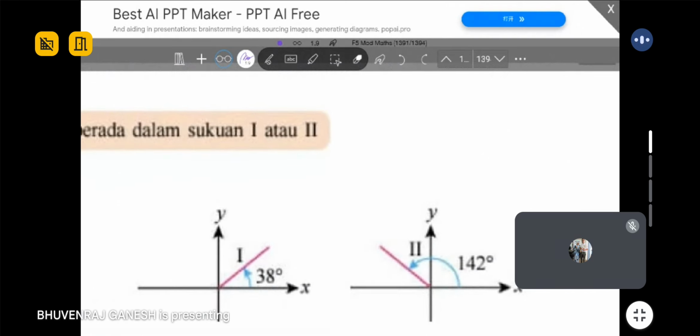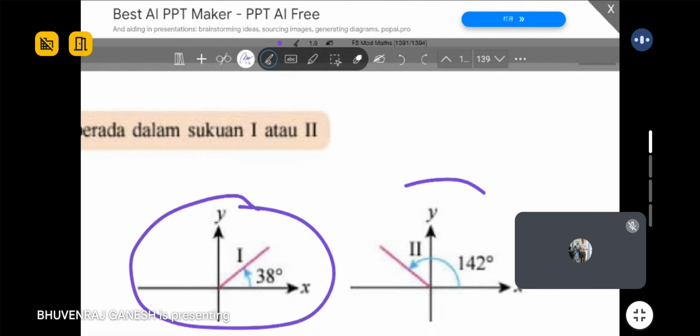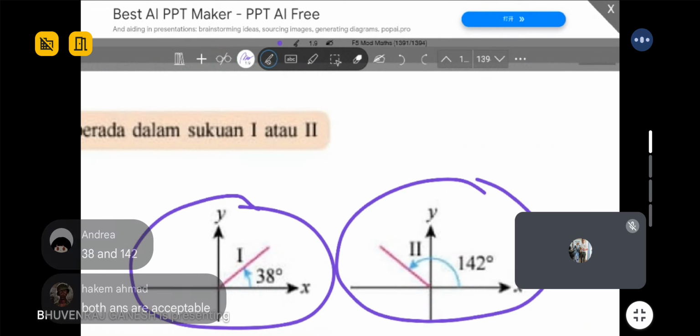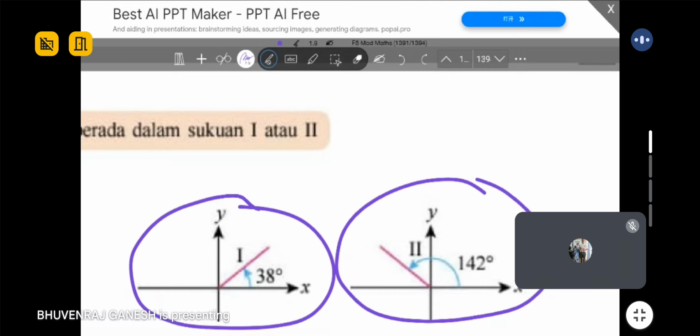First quadrant, second quadrant. Okay, so what will be your final answer, guys? Can you all tell me the 2 final answers you can conclude from these 2 quadrants? What are the 2 final answers you will give me? Yes, very good. Both answers are acceptable. Correct.